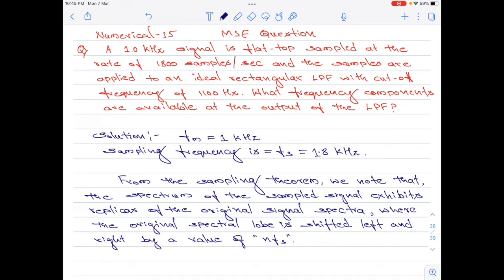In this numerical, we are going to use this concept and we will then find the new frequency values for every value of n. We will first write that the frequency components of the sampled signal are given by Fm plus or minus n Fs and minus Fm plus or minus n Fs, which I will write now.